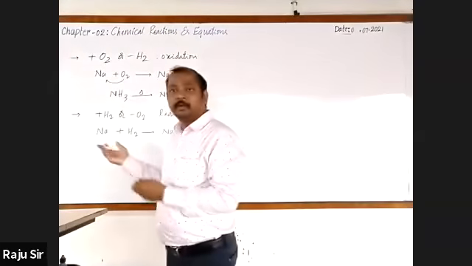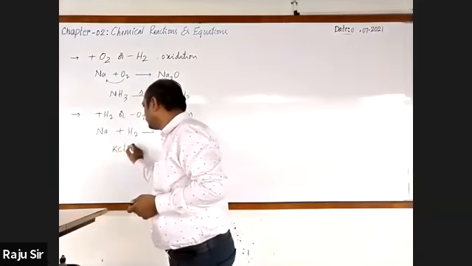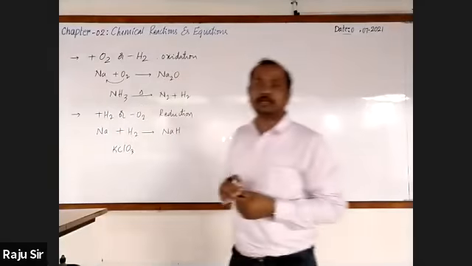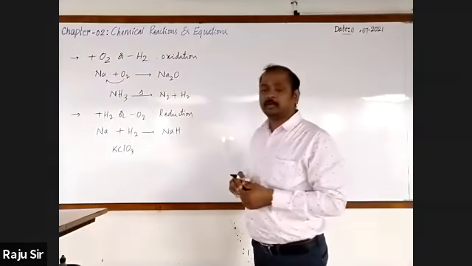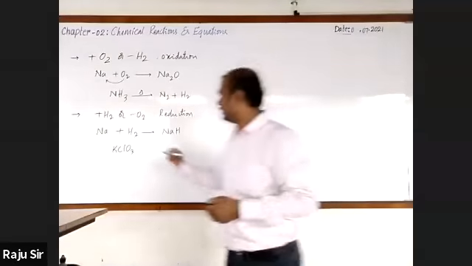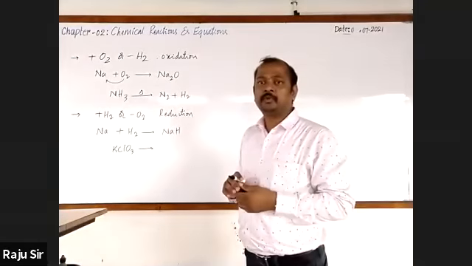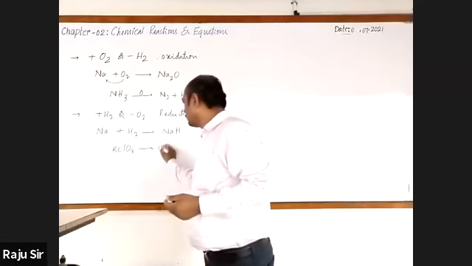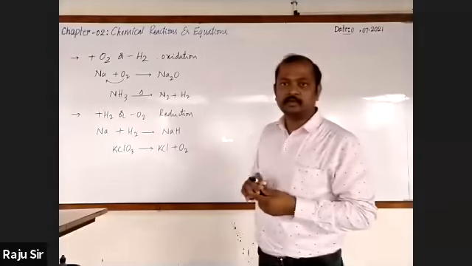Similarly, removal of oxygen. Again I'll use the decomposition reaction. That is, when KClO3, nothing but potassium chlorate, is heated strongly, then it decomposes to form two compounds. One is potassium chloride and another one is oxygen, right?